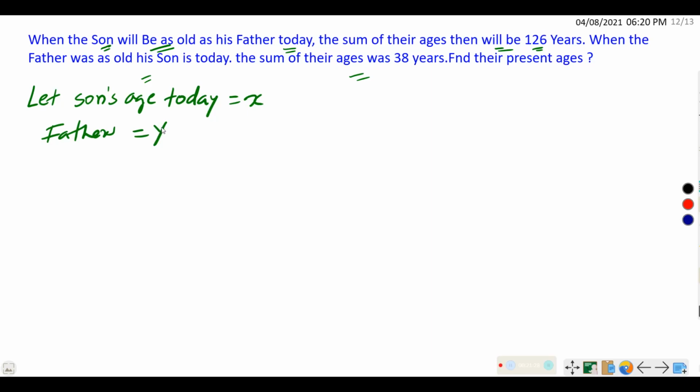Now the question says that when the son will be as old as his father today, the sum of their ages will be 126 years. थोड़ा tricky है. And secondly, father as old as his son today. Both are connected with today. One time with father, one time with son. So that is very special and interesting. So I need to create a special situation here.